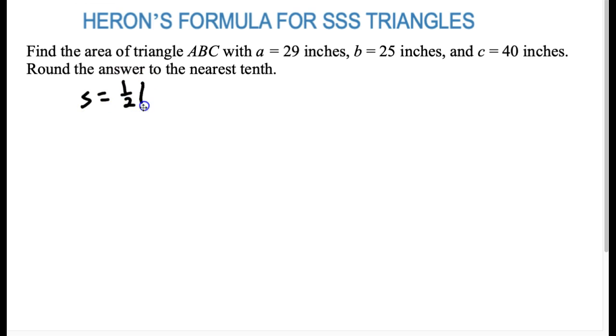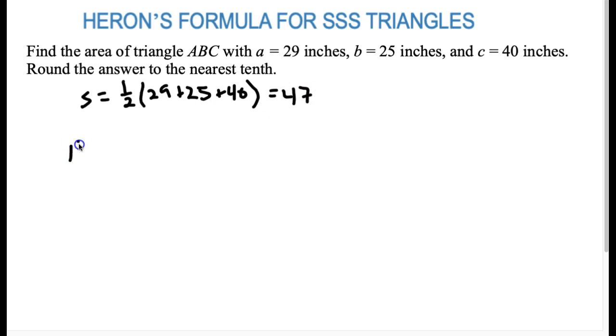So that's just 1/2 times the perimeter, which would be all three sides added together. So what do we get for that? 47. So the whole perimeter is 94, and half of that is 47.